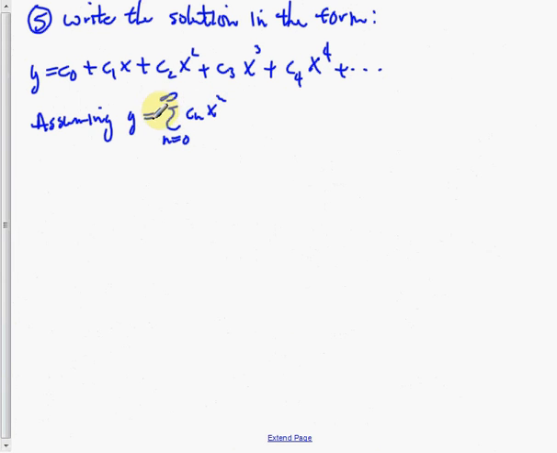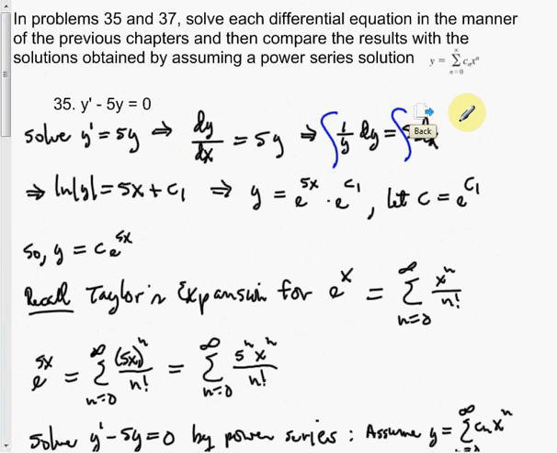Isn't that what that is? If you let n equal to 0, you get c naught x to the 0, which is 1. Plus, if n is equal to 1, you get c sub 1 times x to the first power. Plus, if n is equal to 2, you get c sub 2 times x to the second, right?